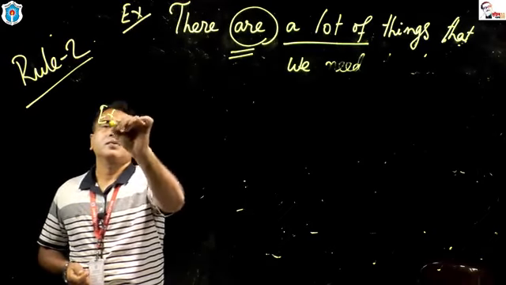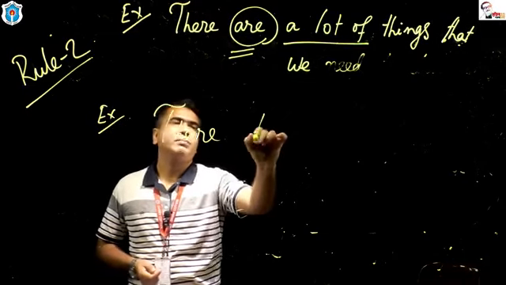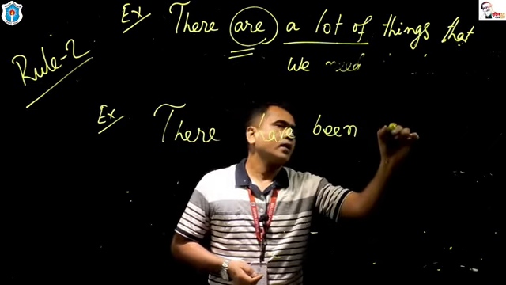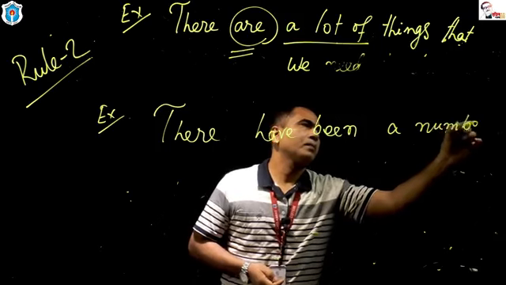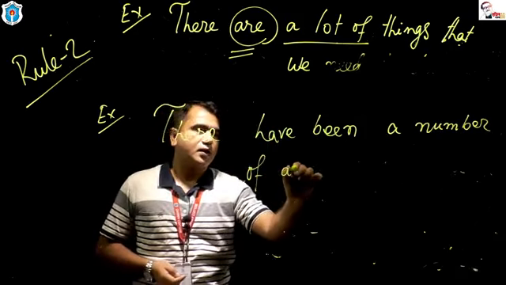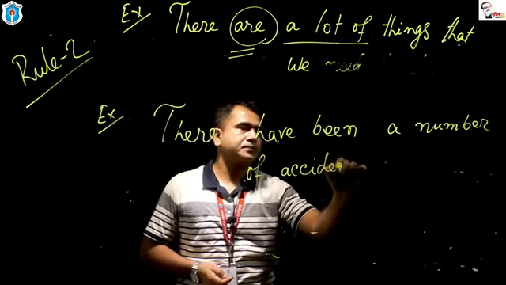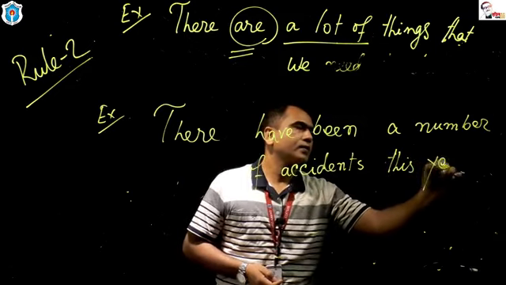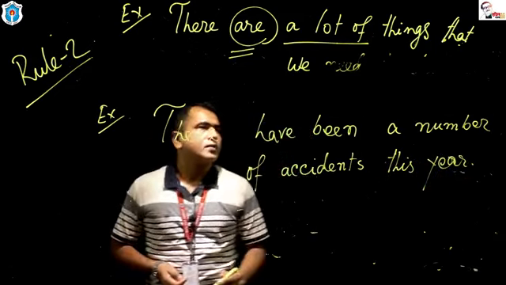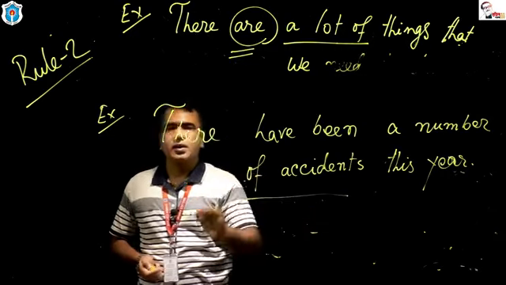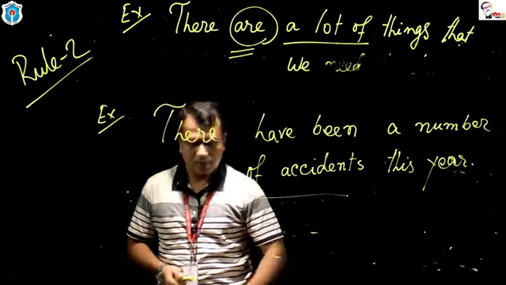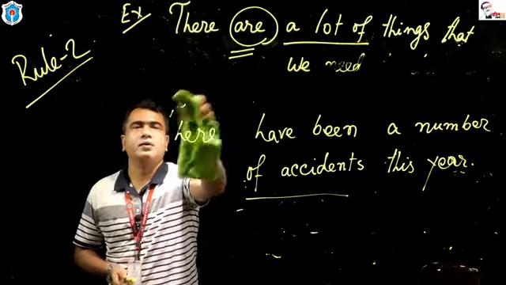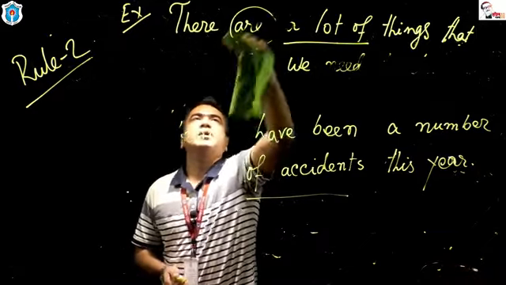Another example: there have been a number of accidents this year. So we can use the above mentioned phrases with introductory there: a lot of, a number of, more, much, several, etc.